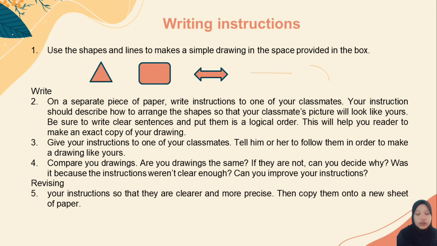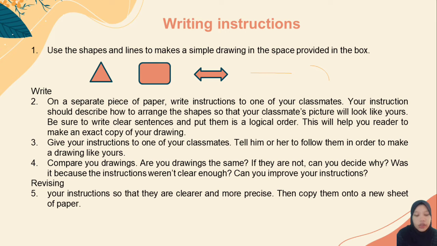Writing instruction. 1. Use the shapes and lines to make a simple drawing in the space provided in the box. 2. On a separate piece of paper, write instructions to one of your classmates. Your instructions should describe how to arrange the shapes so that your classmate's picture will look like yours.